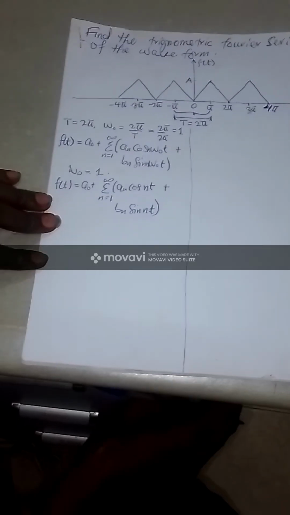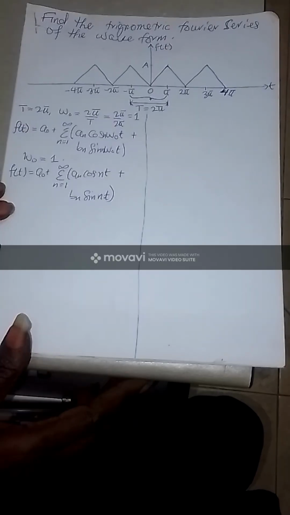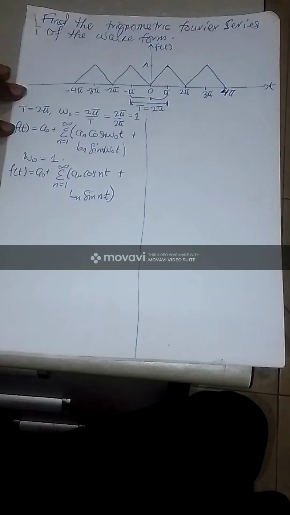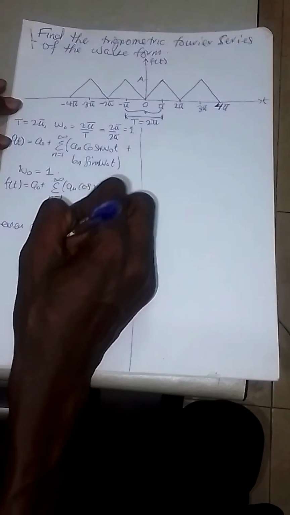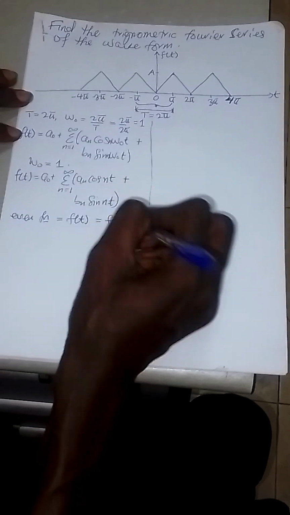Now let me also identify the kind of function I have here, whether it is an even function or an odd function. For an even function, f of t is equal to f of minus t.